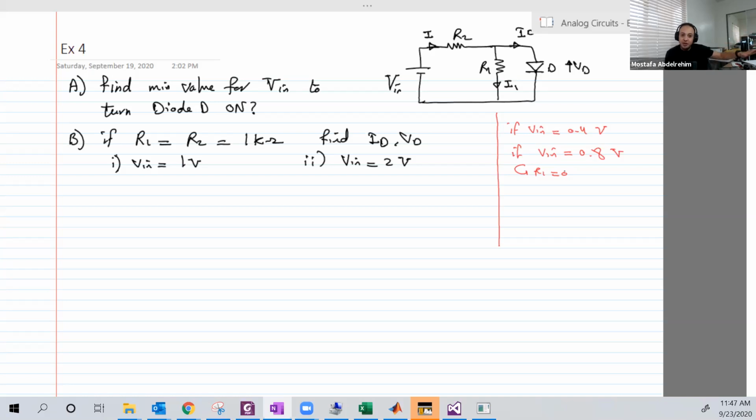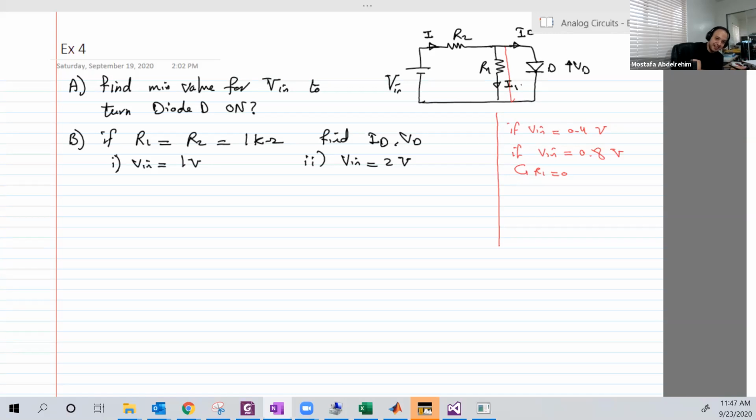Now if R1 is 0, it's just shorted. What will be the voltage across the diode in that case? Guys, if you have a short circuit like this, what is the voltage difference? 0, yes.